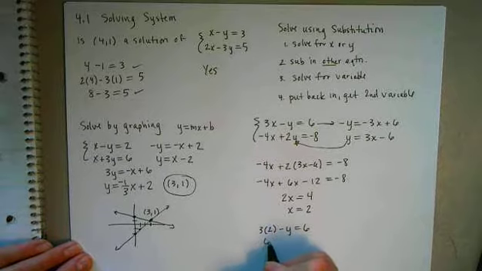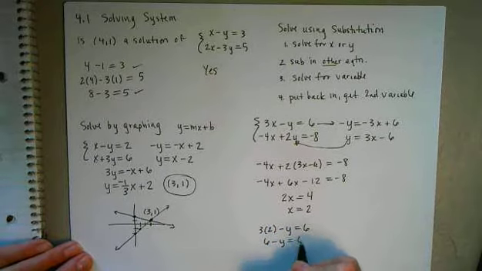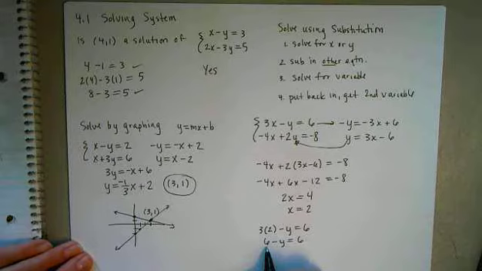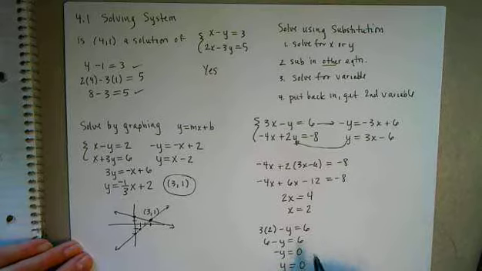And so I have 6 minus y equals 6. So if I subtract 6 from both sides, I now have 0. And then, if I divide by a negative, I still have 0. 0 divided by -1 is still 0. So, I now have my y value of 0.